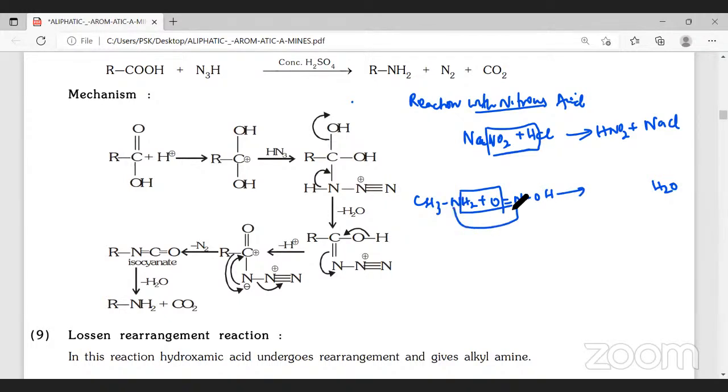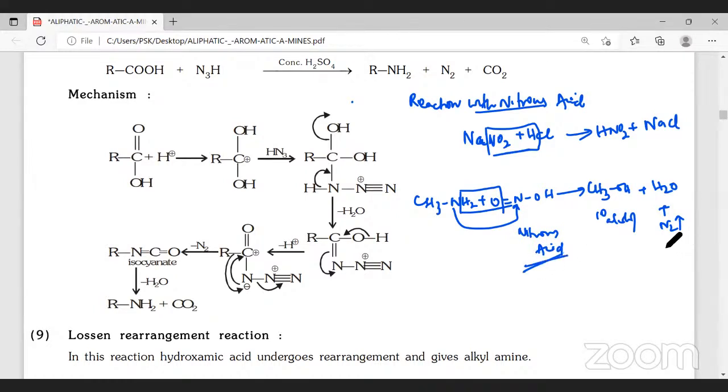These two nitrogen atoms will combine and get eliminated as nitrogen gas. What else is left out? You have CH3 and you have OH. So we get primary alcohol. So primary amine, when allowed to react with nitrous acid, gives primary alcohol.